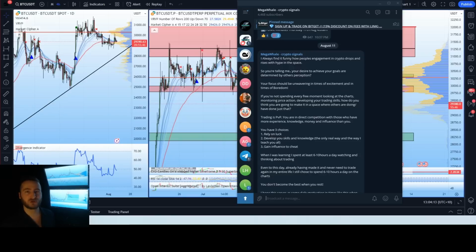A lot of people have goals in this space to make money, to develop their platforms, or whatever it may be. Your goals in this space need to be unwavering, and you cannot change your dedication towards these goals based on how exciting or how volatile the market is. You should be unwavering in your dedication, focusing entirely on developing your skills as a trader, understanding price action, and tracking and monitoring how price develops, regardless of what the markets are doing or how exciting it is.